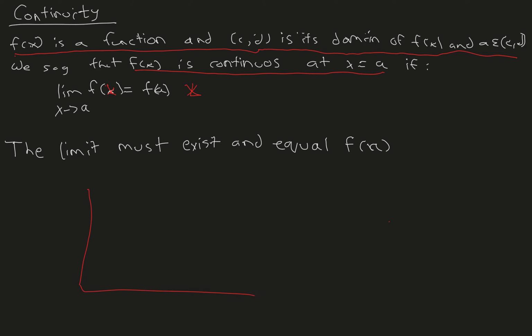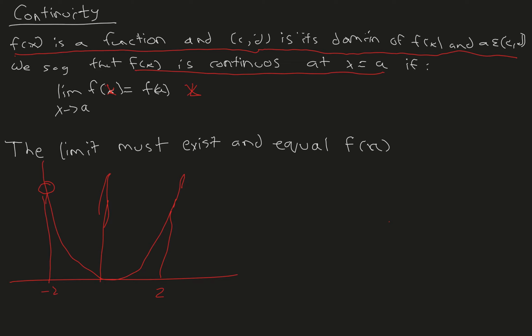Let's take a look at an example. Let's go for a more traditional function. Consider the function f of x equals x squared. Let's put some holes in this function. Let's say there's a hole right here, where this is 2 and this is negative 2.